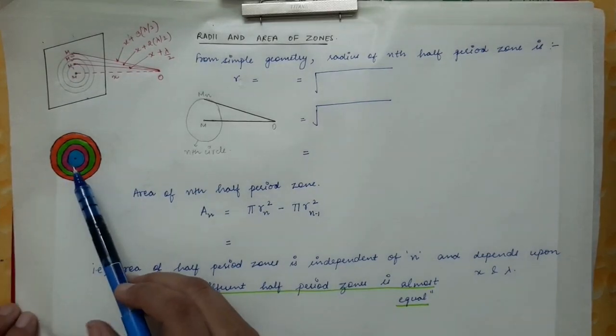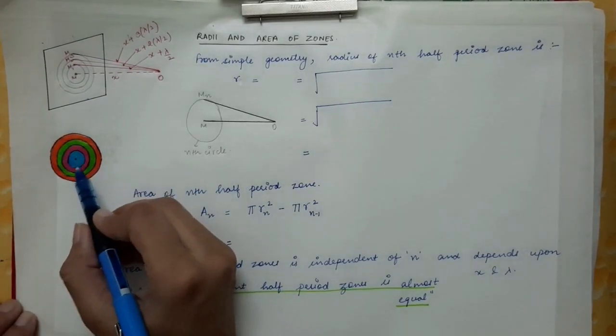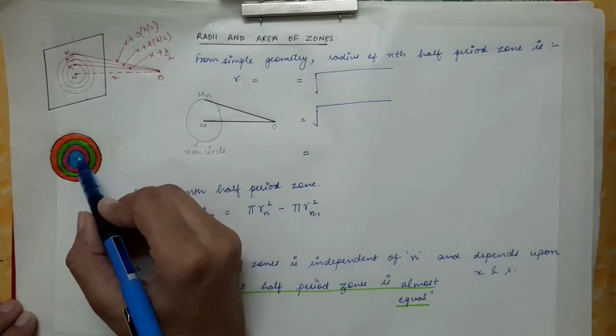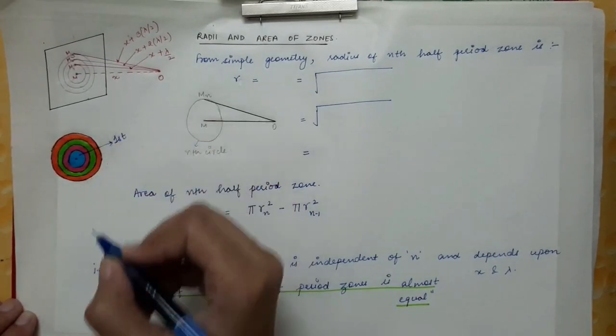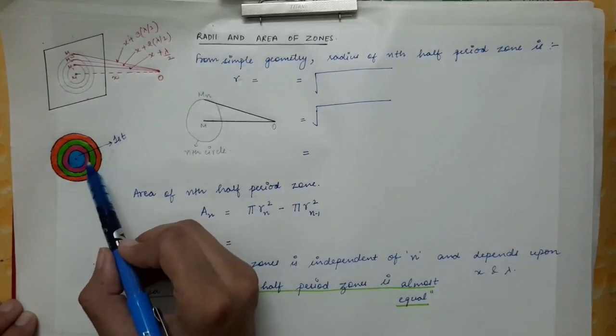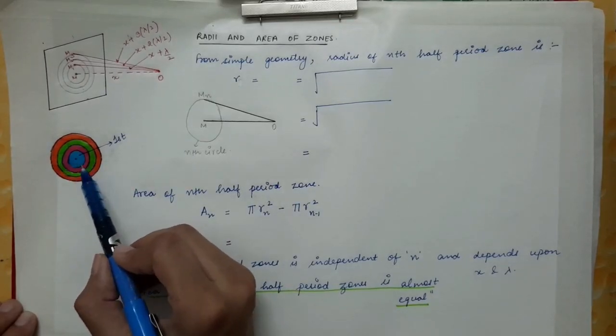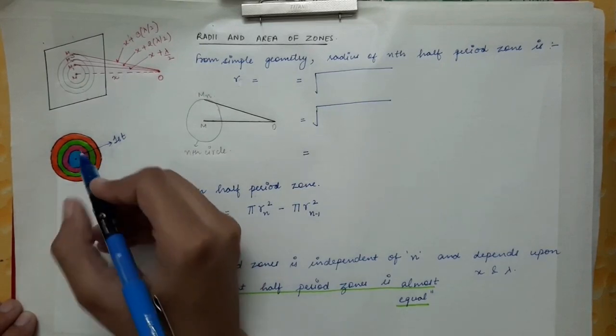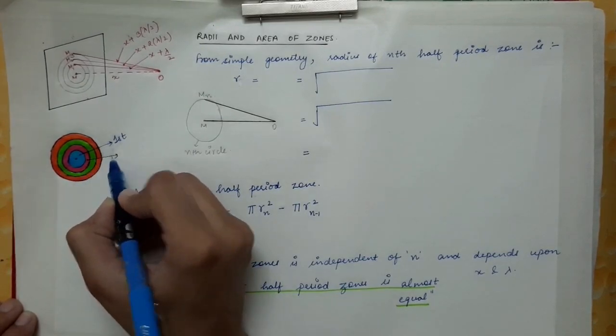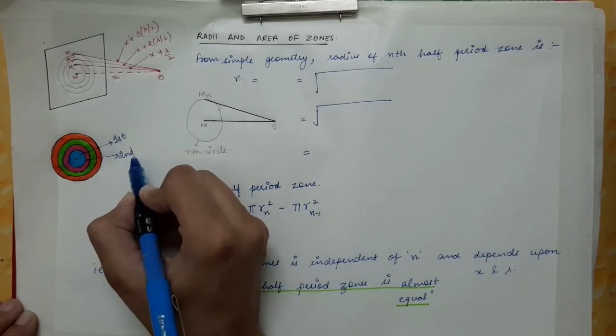Here I have shown the blue region, the innermost region, which is Fresnel's first half period zone. Then the region shown by pink color, between the first and the second circle, is the second half period zone.